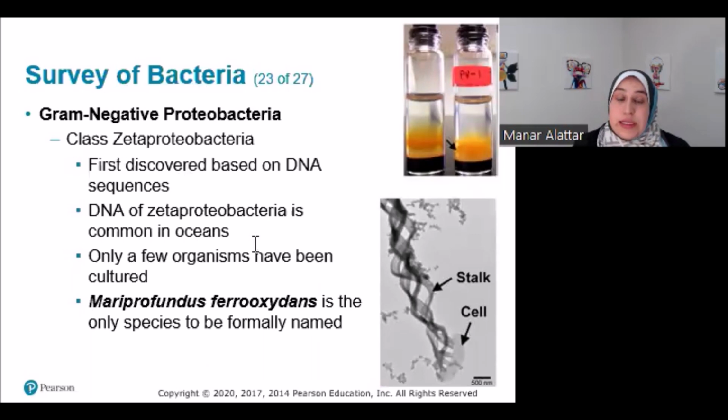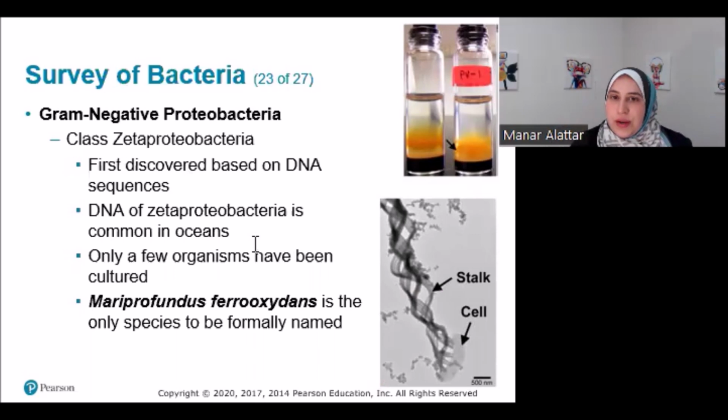So very, very recently. It's common for these to be marine organisms, and there's only about 20 identified species, and only a few of them have actually been named so far. They tend to be autotrophic. They tend to use carbon dioxide as their carbon source.